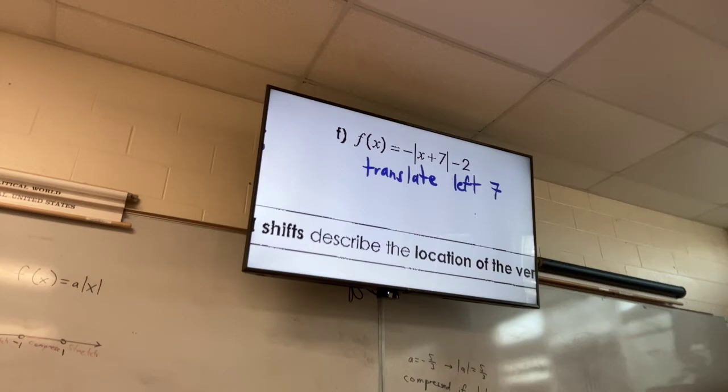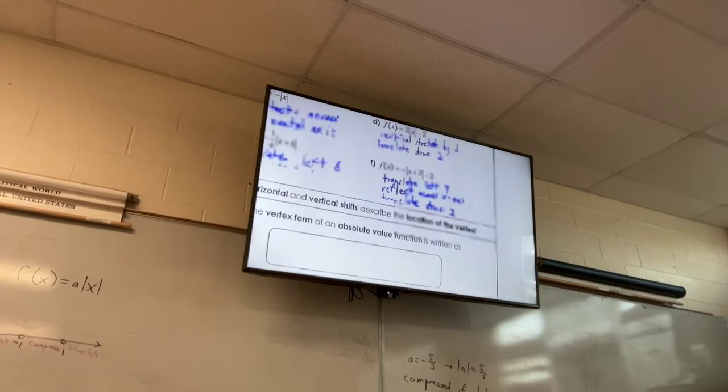The x plus 7, you're grouping, that happens first, and then your reflection, right? Reflect across the x-axis, and then down. All right, good. It's a good warm up.